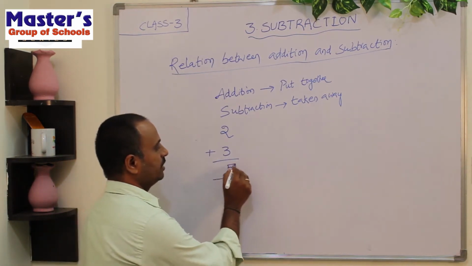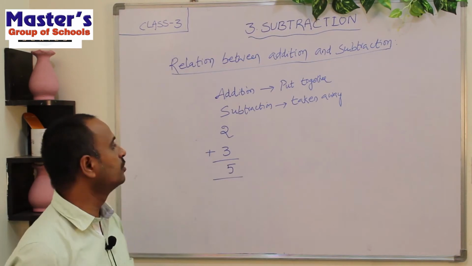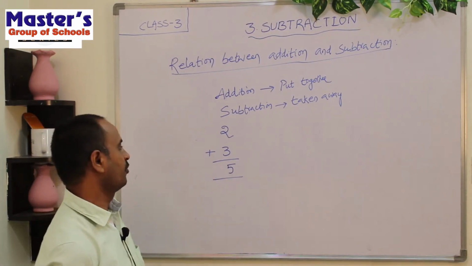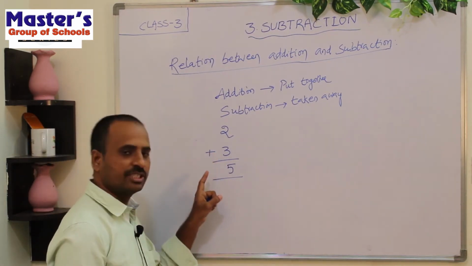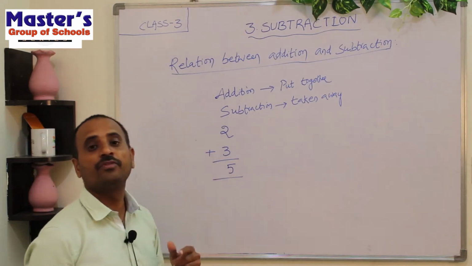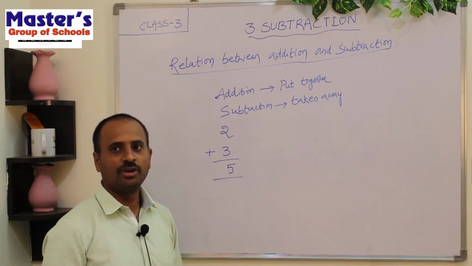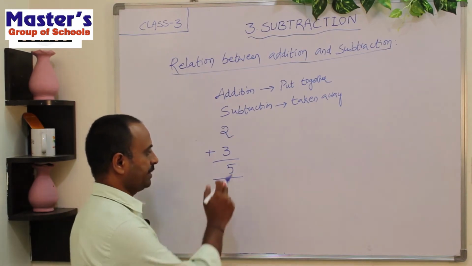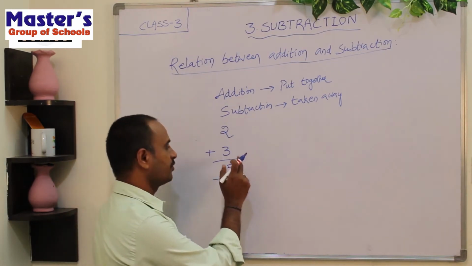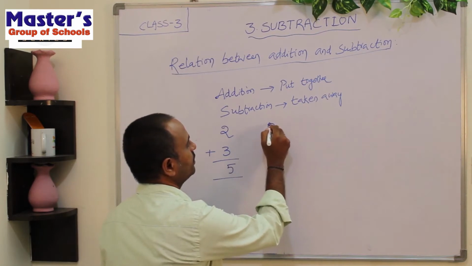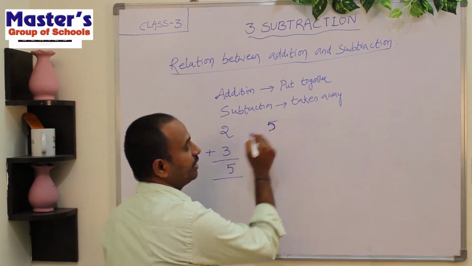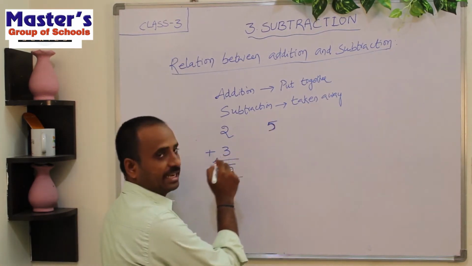You have already learnt in first class and second class how to do these additions. If you add 3 to 2, you get 5. The sum is 5. So this is called addition. Now if you subtract from this sum, write 5 first and subtract any number.